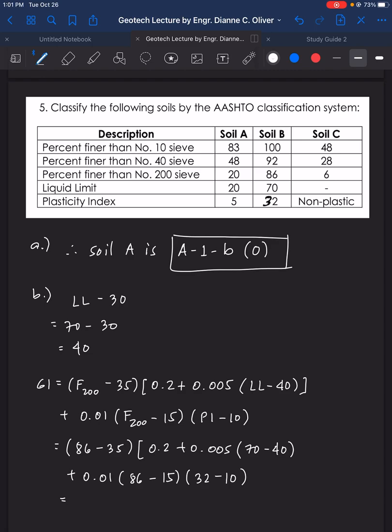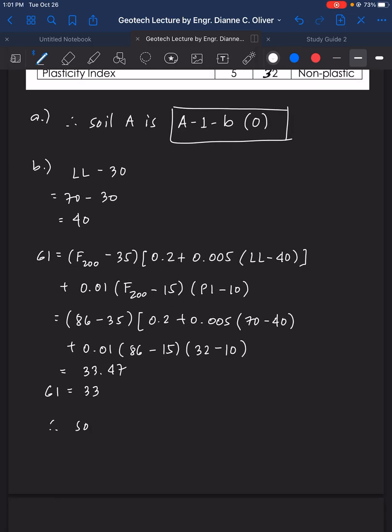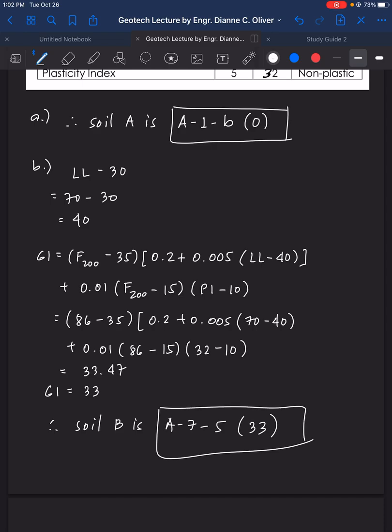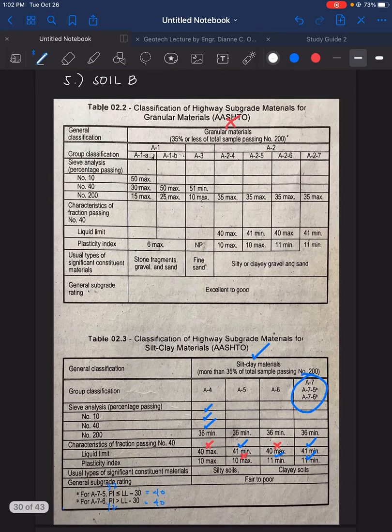So GI is 33.47, or that is GI equals 33. Therefore, soil B is A-7-5 parenthesis 33. So that's the answer for soil B. And then this is the table for soil B.